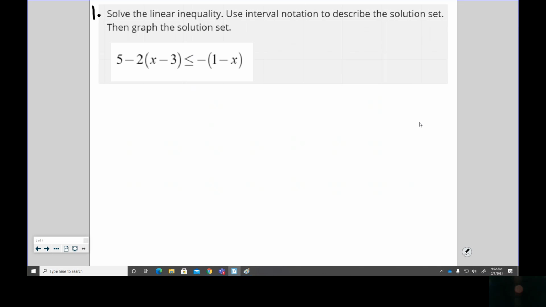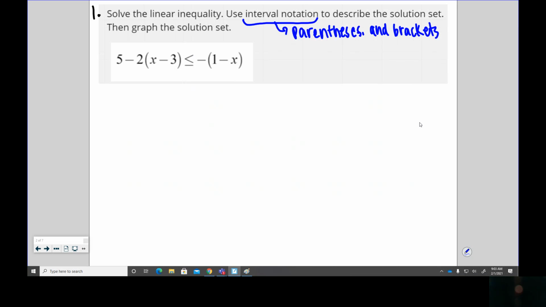All right, so it's important to pay attention to the directions here. It says solve the linear inequality. Use interval notation to describe the solution set. Interval notation refers to parentheses and brackets.